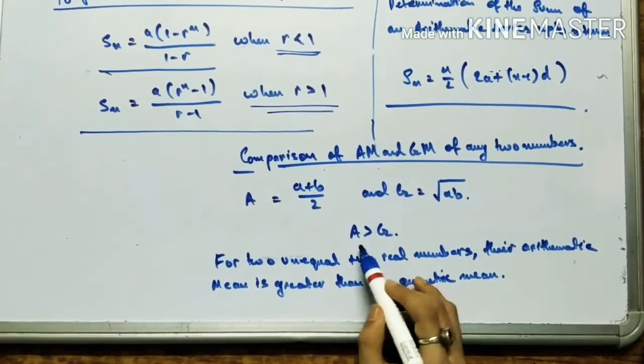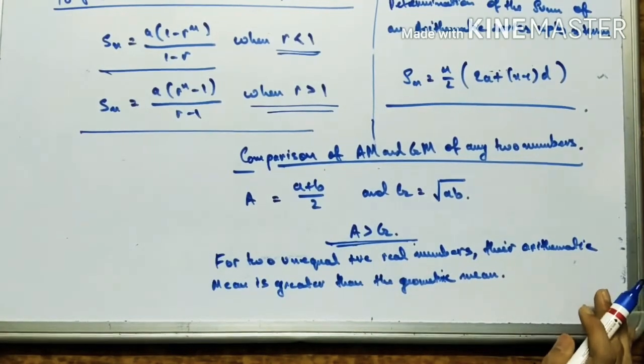A is greater than G. This one you remember. Arithmetic mean is greater than geometric mean.